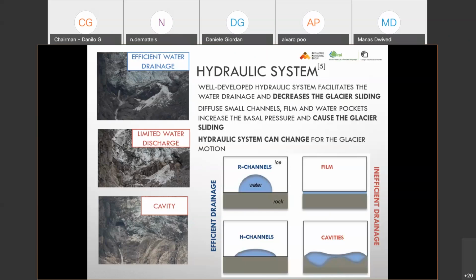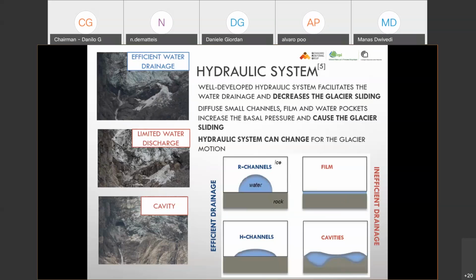And it is important to monitor the water discharge, because the hydraulic system can change during the season, because the glacier moves and therefore the channels can change, can collapse, can be created.